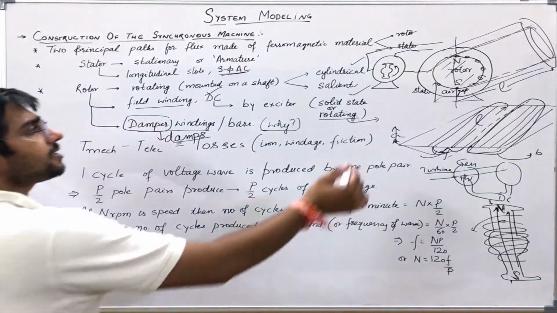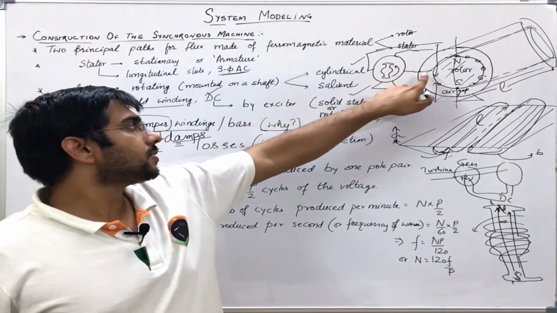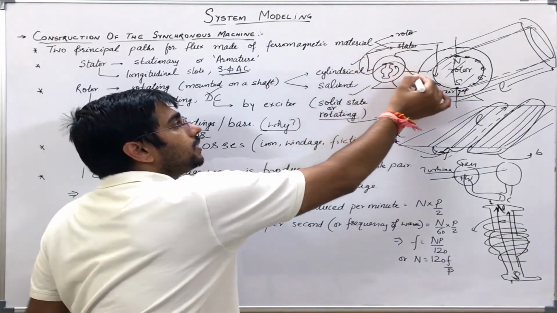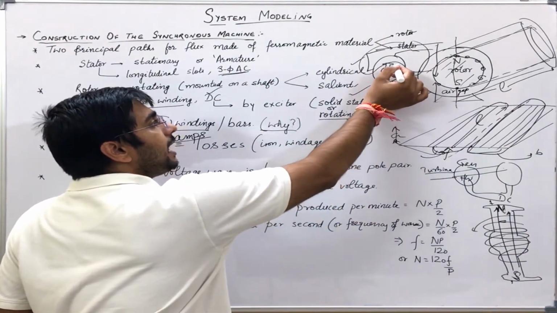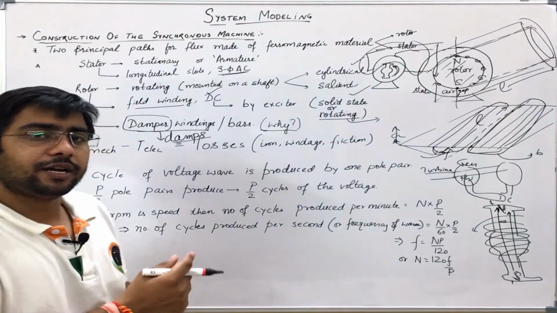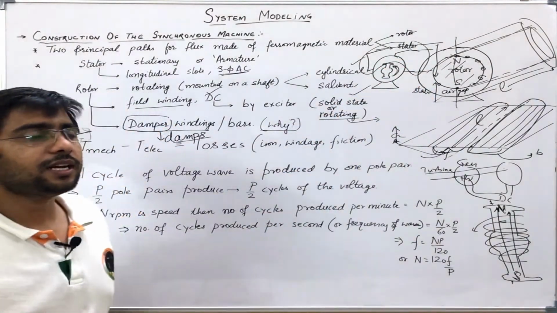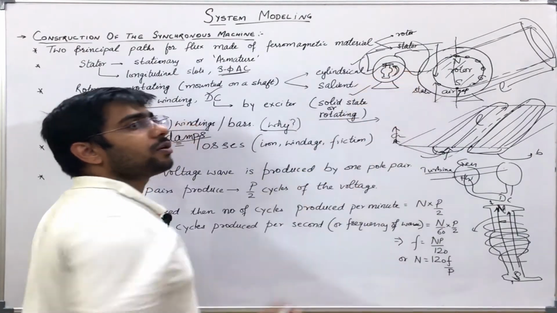Now let us say there is some fault. Due to this fault, the flux produced by the armature winding and the rotor winding will have some relative motion, and because of these transients and relative motion, there will be some transient or vibrations in the rotor also.